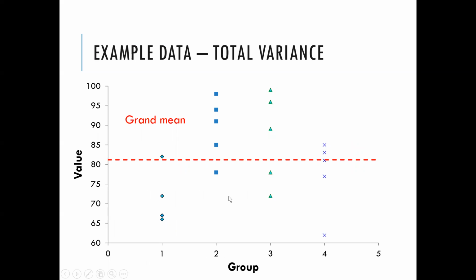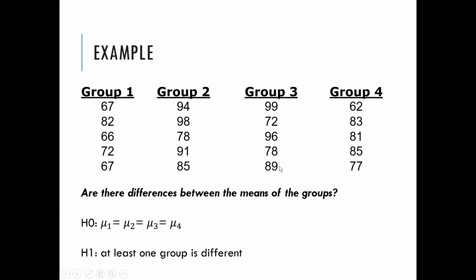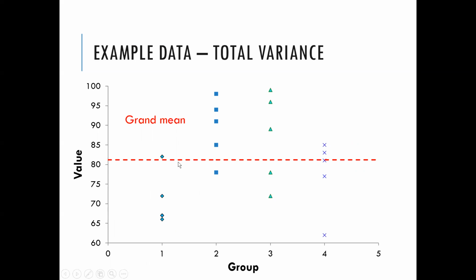So this is what the total variance looks like visually. These are our 4 groups. And the red line denotes the grand mean, so the mean for all of these values across all groups. And what we're doing is we're comparing these individual observations in each group to the grand mean.